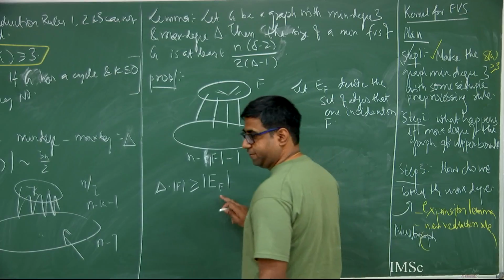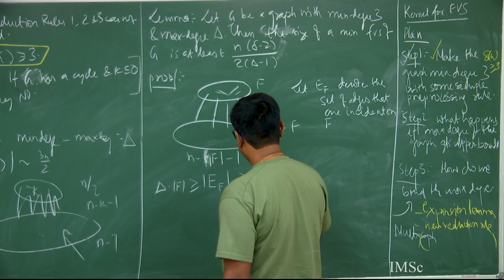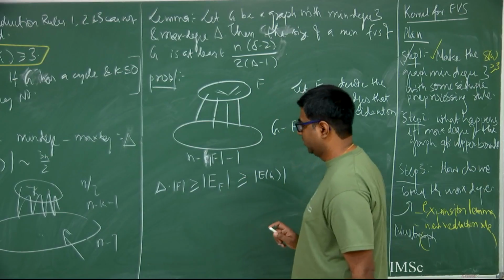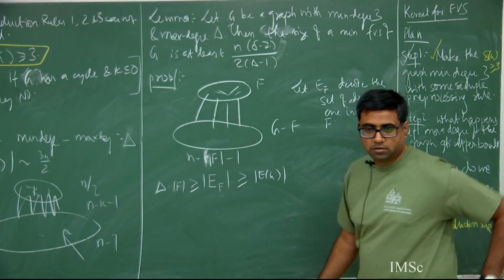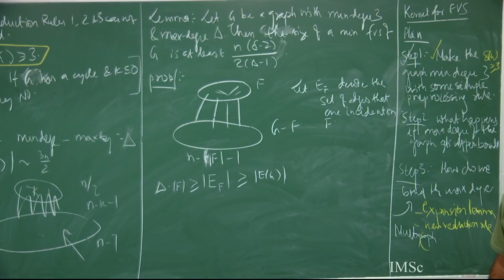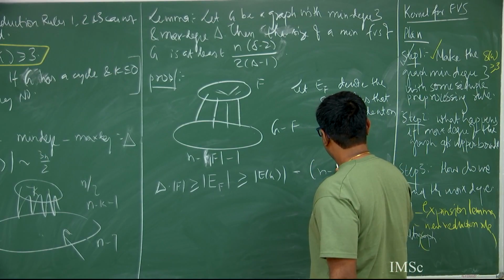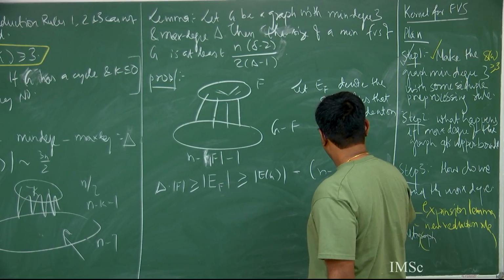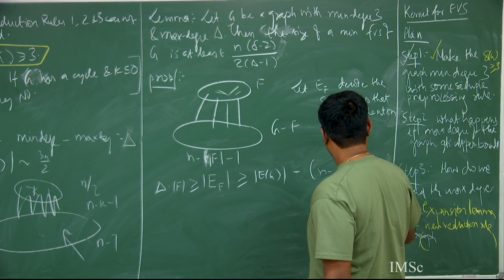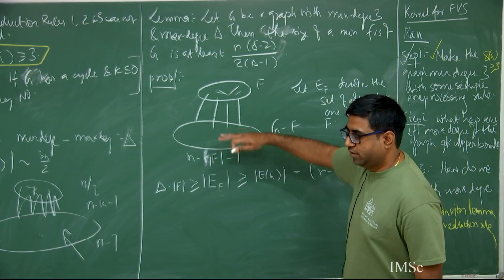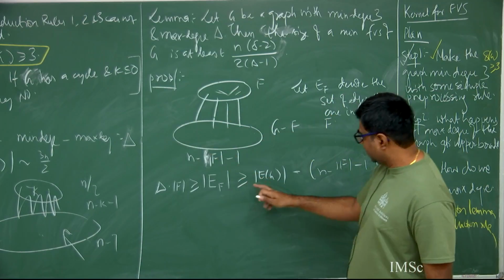E(F) is at least E(G) minus this many. Agreed? Is this correct? E(F) is all those edges which are not present here. So at least this many edges.